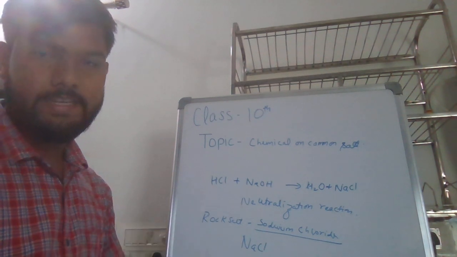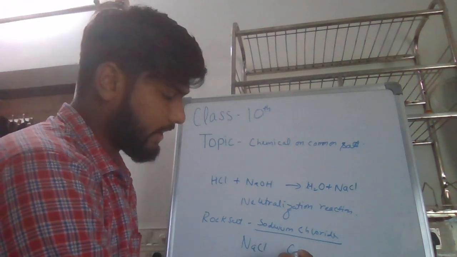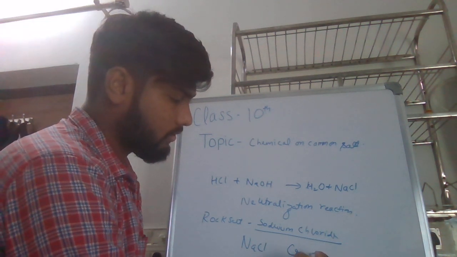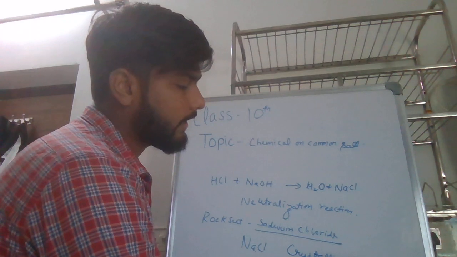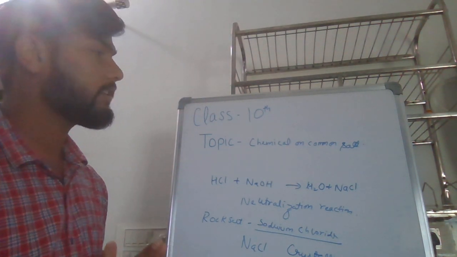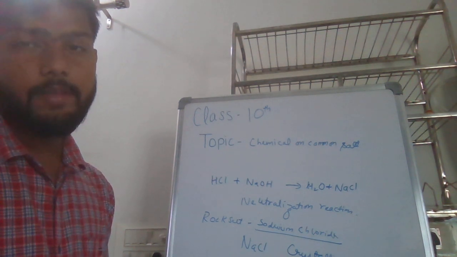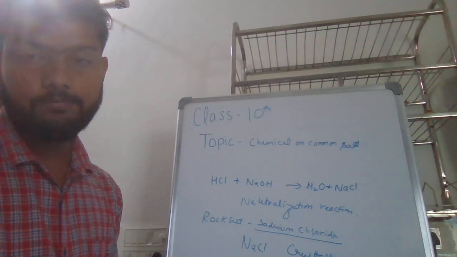The physical state of sodium chloride is crystalline form. I hope everyone got my point about what the chemical from common salt is, and what rock salt is. Moving further.